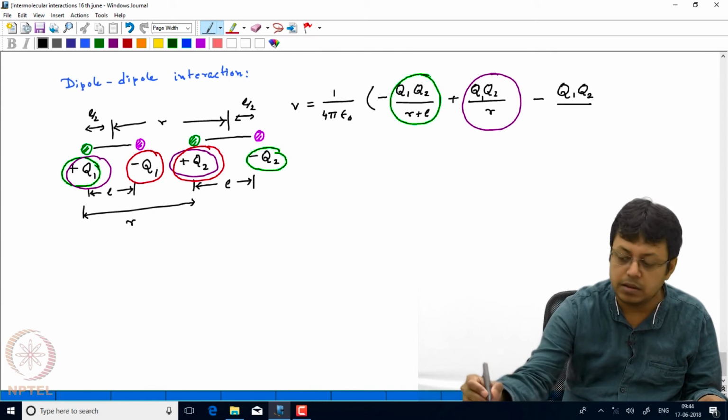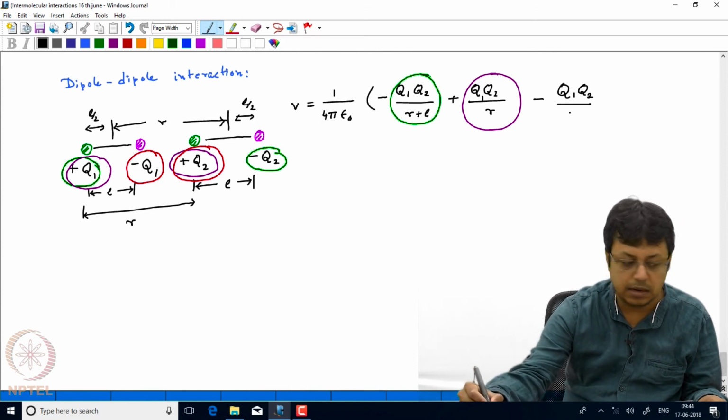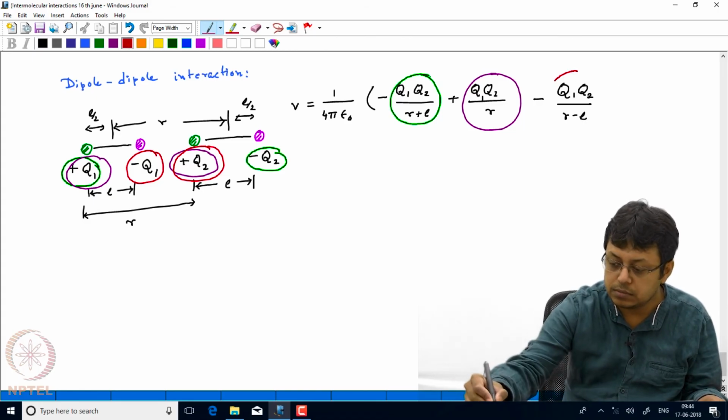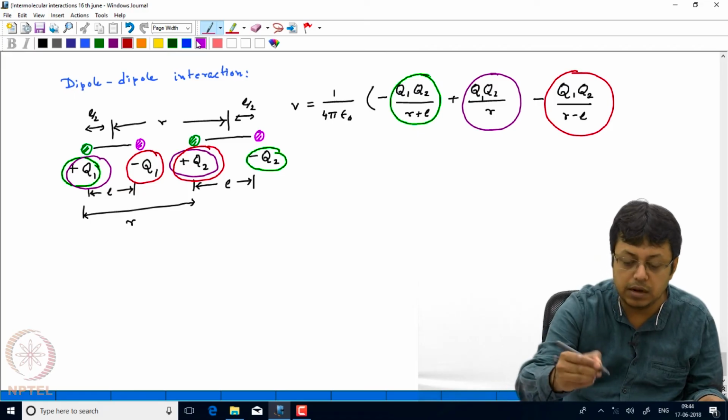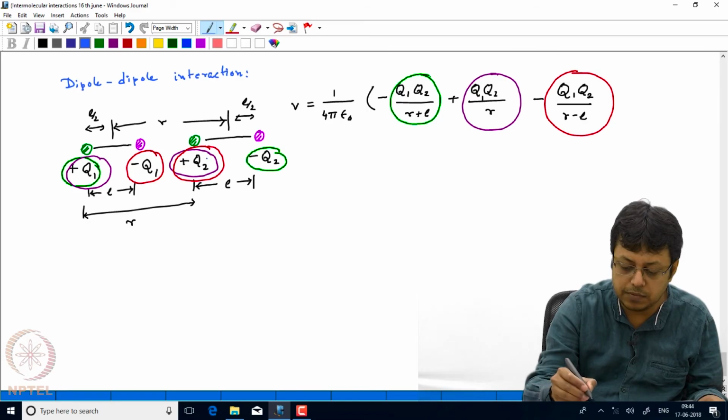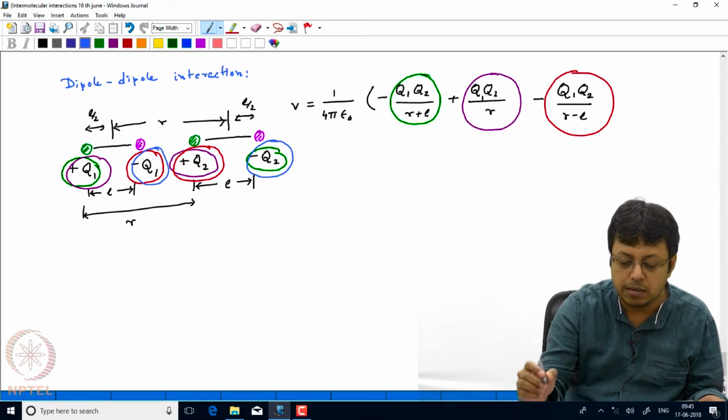So, we will have basically R minus L, and this is this interaction. Then we are left with only one interaction, which is how this charge is interacting with this charge, minus Q1 and minus Q2.